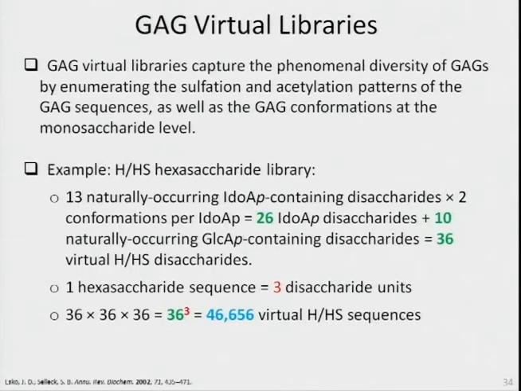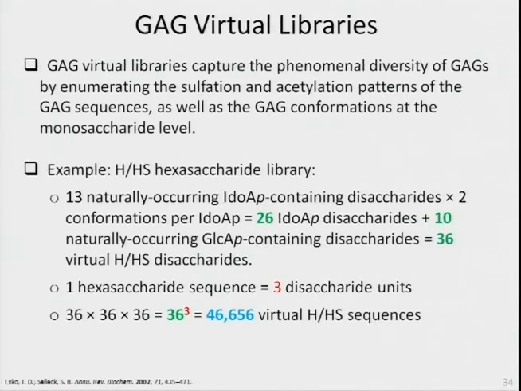For example, heparan sulfate has a uronic acid, which can either be glucuronic acid or iduronic acid. The iduronic acid can be in one of 2 major conformations, and it could be either sulfated or not at the 2 position. The other part of heparan sulfate is the glucosamine. That is usually in the 4C1 conformation, but it can be sulfated at the 2, the 3, or the 6 position. So there's a lot of variability in here.